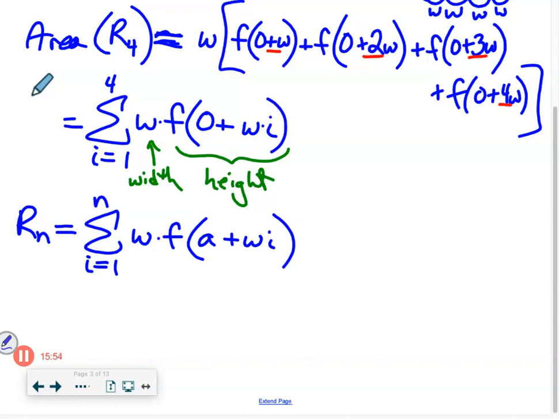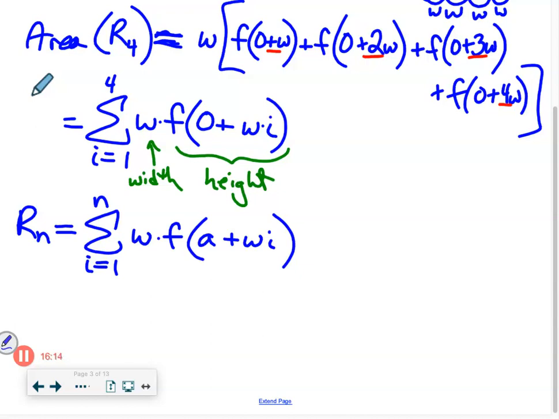Now, this right here is a generic formula. It's not written very pretty. We're going to make it prettier in a second. But this is a generic formula for an n rectangle right-handed Riemann sum approximation for area under a curve. What if we wanted exact area?